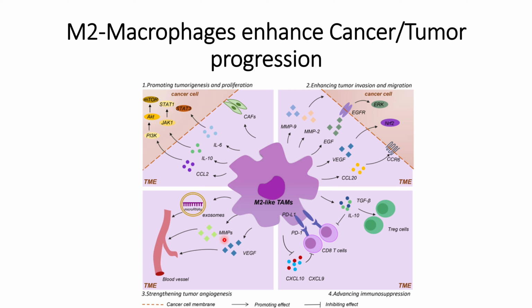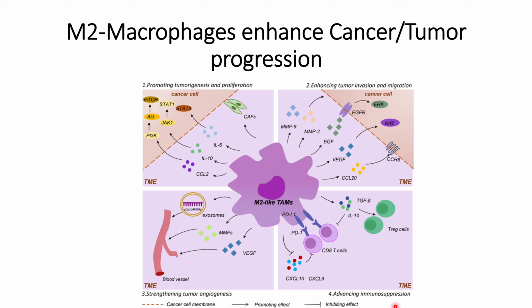And M2 macrophages help towards angiogenesis by releasing some exosomes. At the same time, MMPs and VEGFR also contribute towards this angiogenesis, or new blood vessel formation.